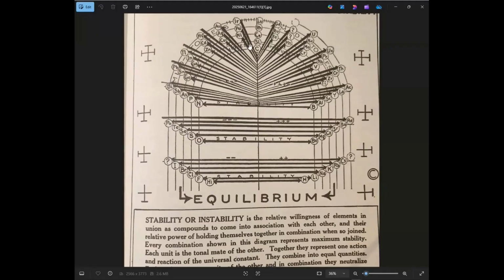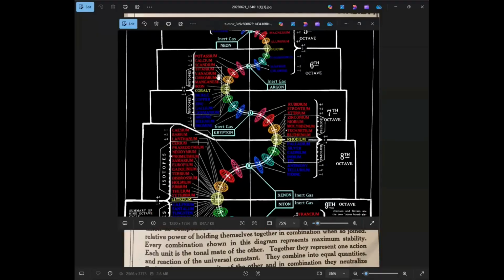And then all the way up here, you got the +4, -4 position. These here, as we get to the higher octaves, are those elements that are in between positions 3 and 4. Exactly, the isotopes. Thank you, Scott.